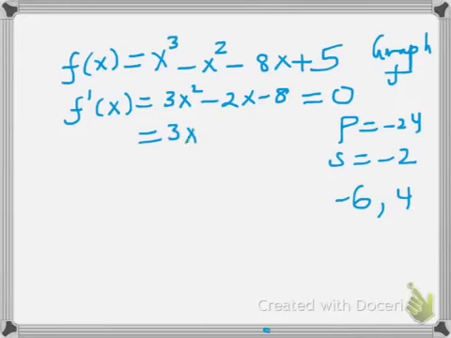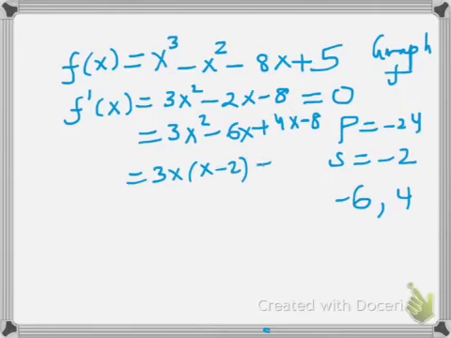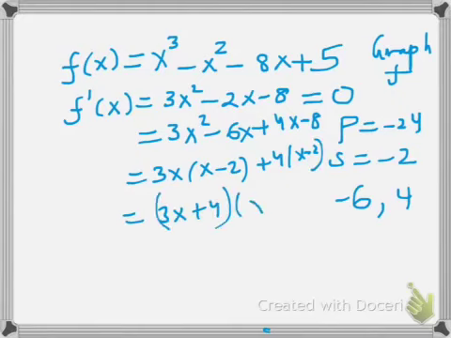So I have 3x squared minus 6x plus 4x minus 8, which is 3x times x minus 2, plus 4 times x minus 2, right? And which is 3x plus 4 and x minus 2, these are the factors. Okay, so x equals -4/3 is a critical number and x equals 2 is a critical number.